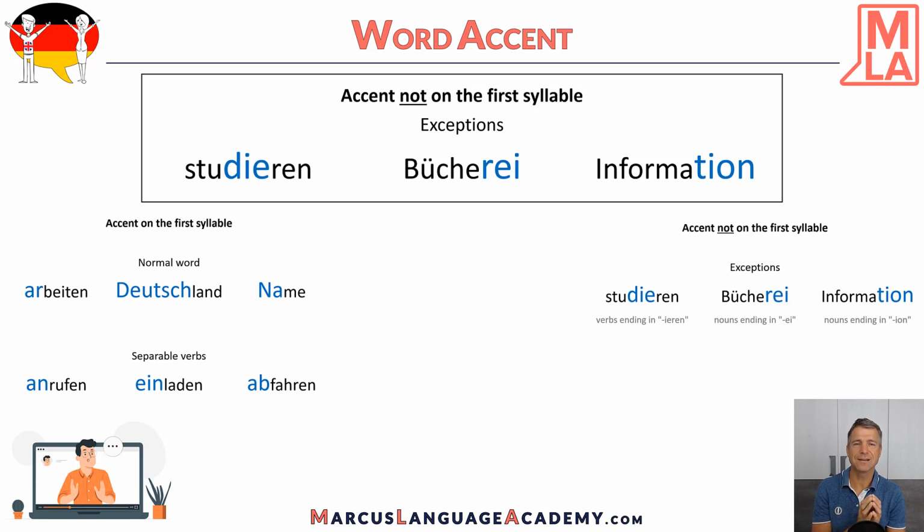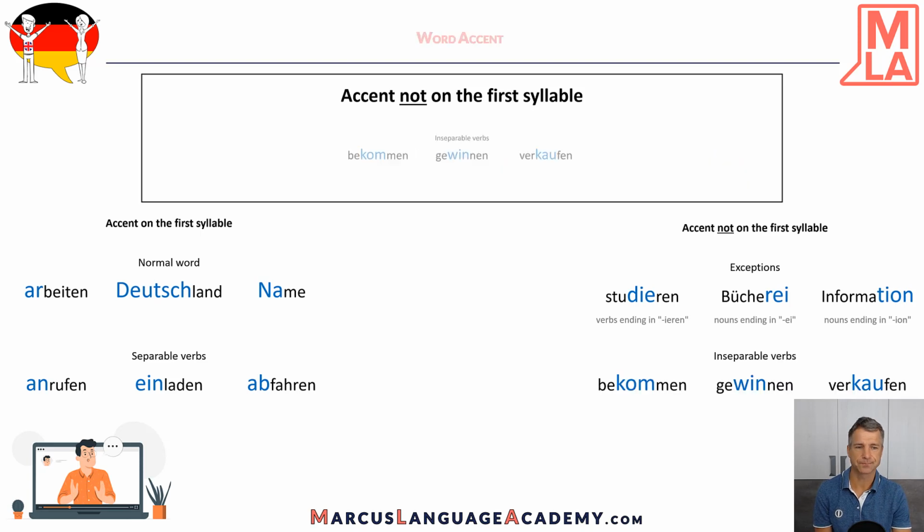All the verbs that end in ieren get the word accent exactly there. In Bücherei, the ending EI gets the accent. And all the words that end in tion do the same thing. Those are exceptions.